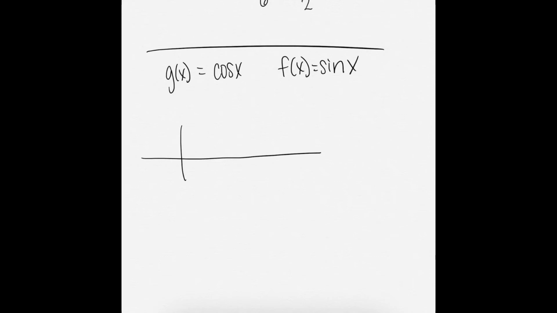Now these are repeating, so we have to have a specific area here. So remember that sine starts down at 0, goes up at pi over 2, intersects at pi, goes down at 3 pi over 2, comes back around at 2 pi.